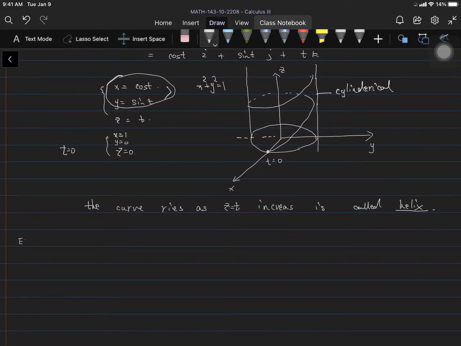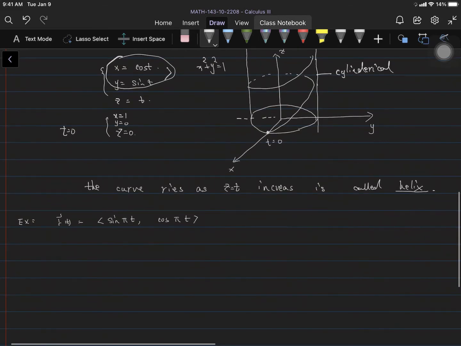Now we can look at some exercise problems. Let's take a look at this one. If our curve looks like sine pi t and cosine pi t, firstly, from this r(t) vector function, we know this vector is in 2D already, because it has two components, so it's in the plane.